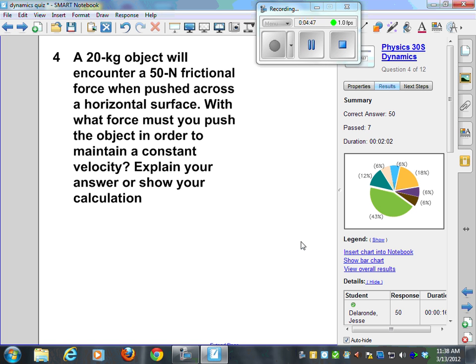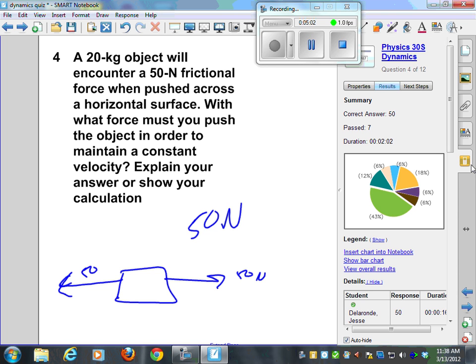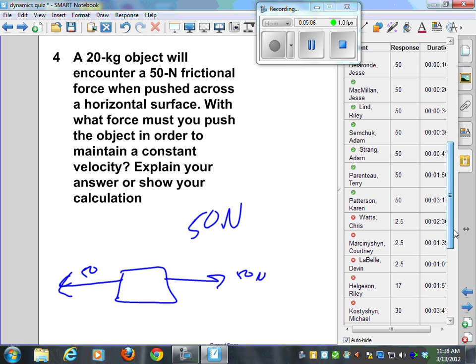How much is friction? 50. How much force do you need? 50 newtons. You have to balance the friction. Oh, yeah. 50 newtons.